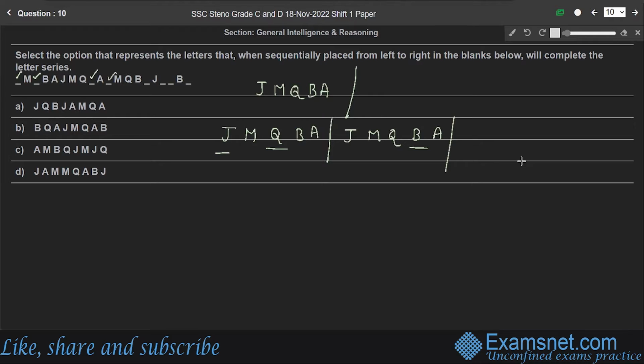Again, we have a blank filled with J; M, Q, B are already given. We have to fill the next blank with A, which completes another part.